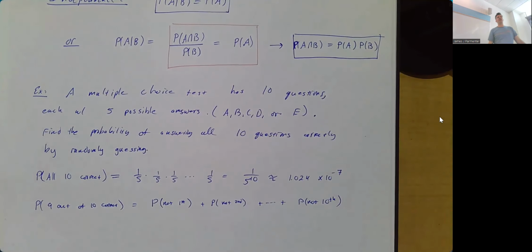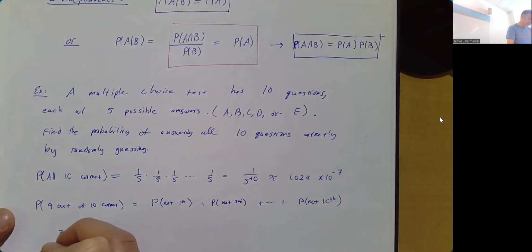Or in other words, how many ways are there of choosing 9 questions to be correct out of 10 possible questions? 10 choose 9, which is equal to 10. Because we're just choosing the one that we don't want to be correct, and there are 10 ways of choosing one thing out of 10 things.